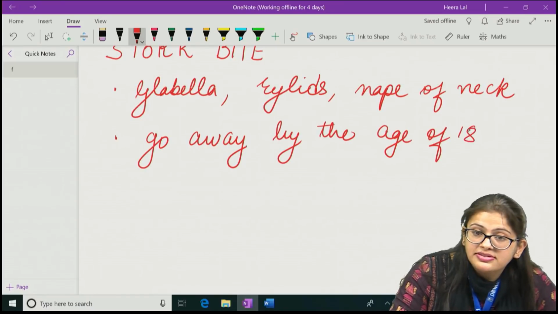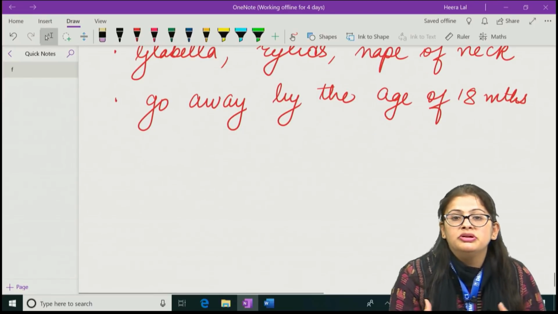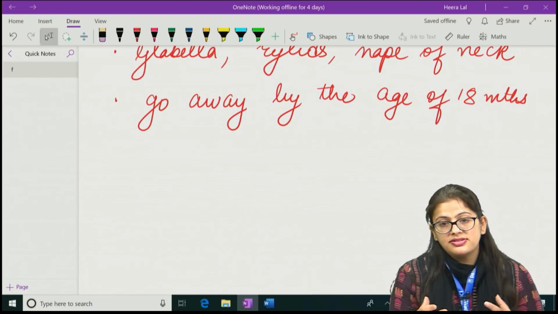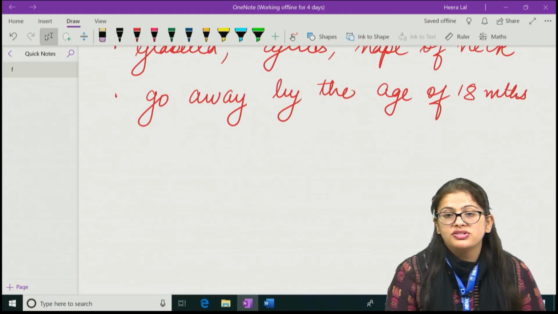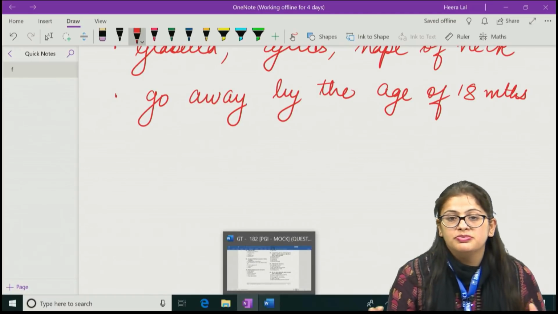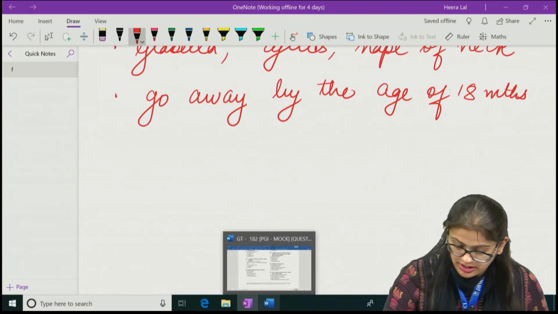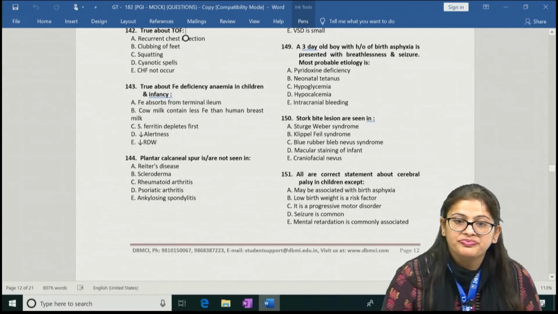But in case they stay till the age of 3 years, they can be reduced by the use of laser therapy, especially for cosmetic purposes. Otherwise, they will not cause any harm to the person.